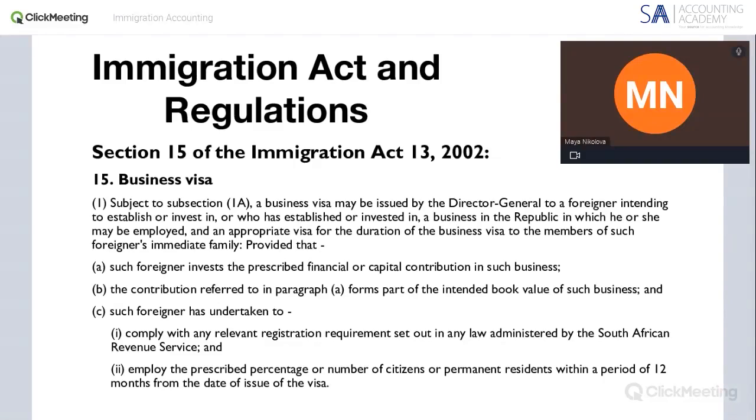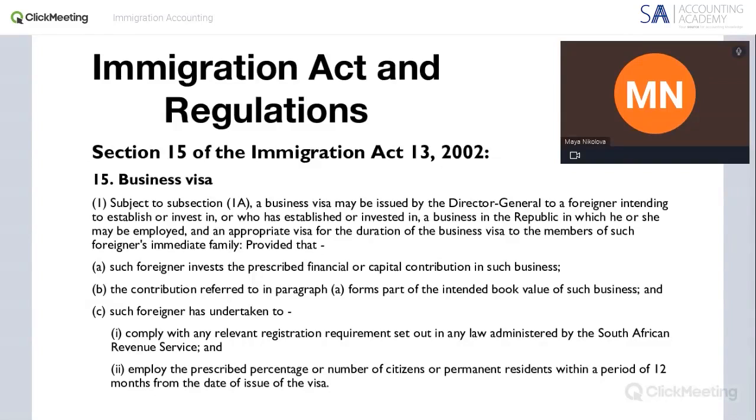So a business visa may be issued by the Director General to a foreigner intending to establish or invest in, or who has established or invested in a business in the Republic in which he or she may be employed, and an appropriate visa for the duration of the business visa to the members of such foreigner's immediate family, provided that such foreigner invests the prescribed financial or capital contribution in such business.